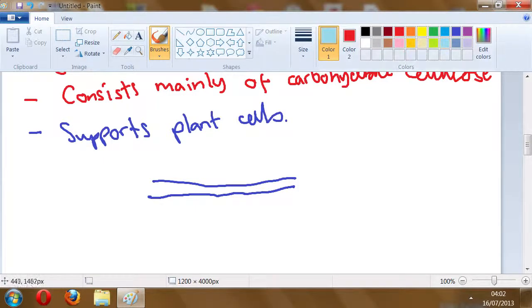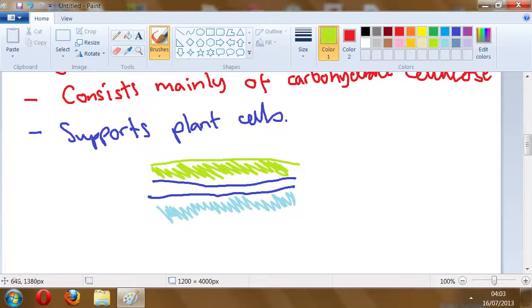Again, we're going to have the cytoplasm down here, and then we'll have this layer to be the cell wall. Just like this. Cell wall.